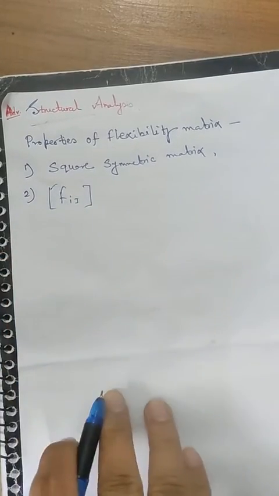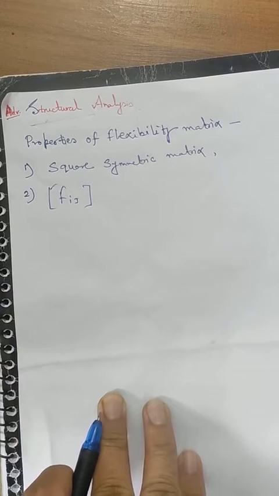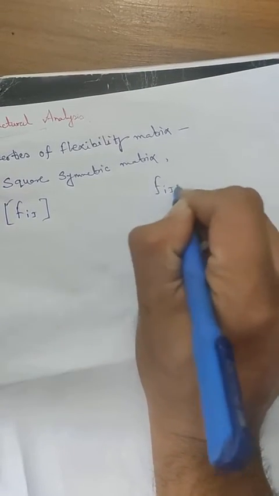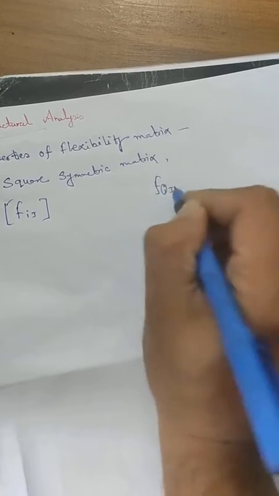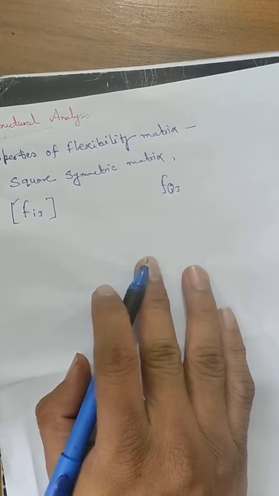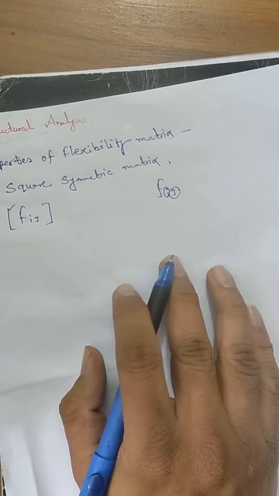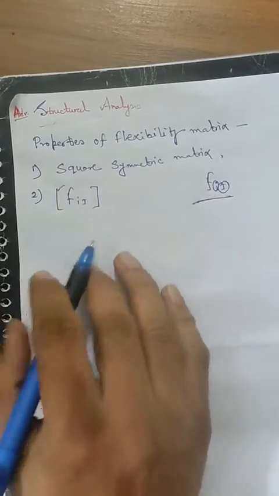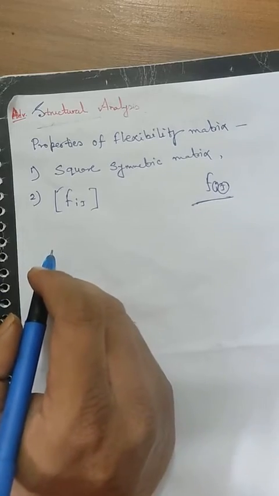Now what is Fij? Here i denotes the direction of displacement, in the i direction, and j is the direction of the unit load, in the j direction, right? So it can be represented as a matrix of Fij.